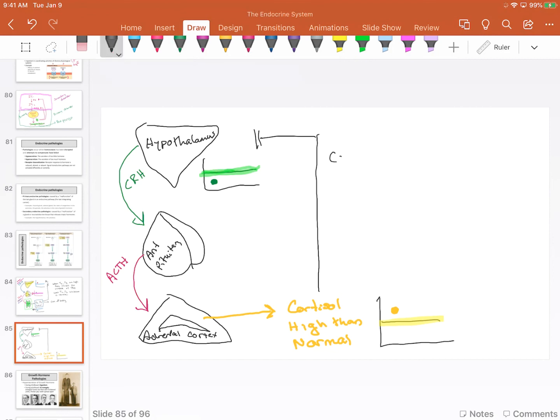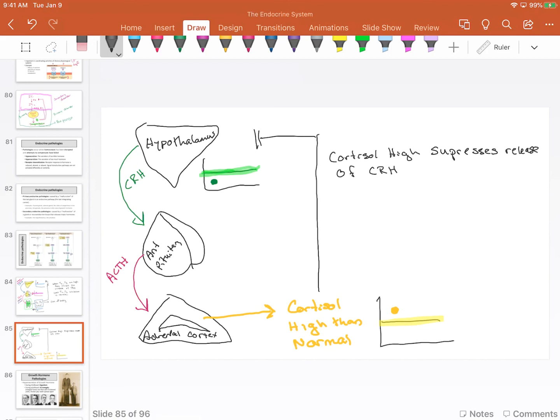When cortisol levels are high, that suppresses the release of CRH, right? High levels of cortisol means we're stomping on the brakes. Stomp, stomp, stomp.